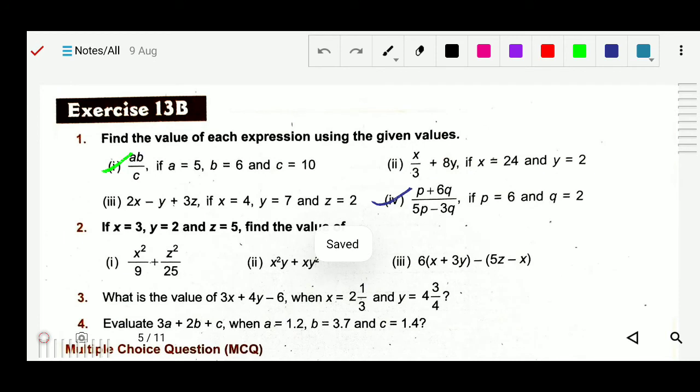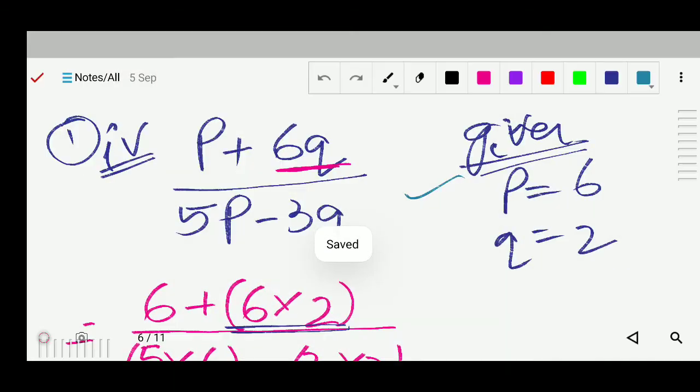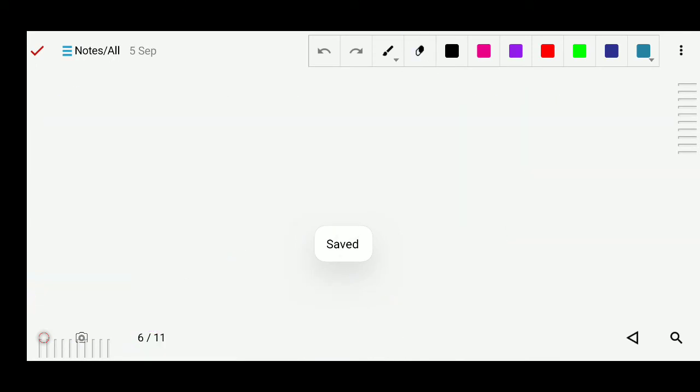Now question number 2. Here the values of x, y and z are already given. The x value is 3, the y value is 2 and the z value is 5. So we have to simplify the expressions. So first I am going to solve question number 2, first one.